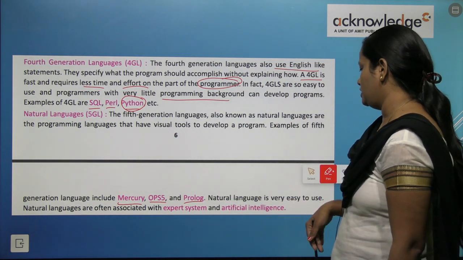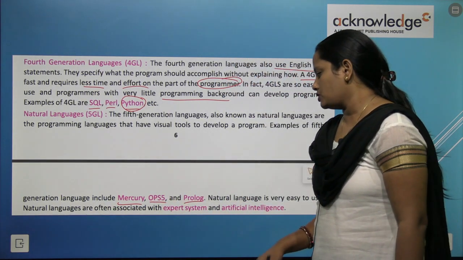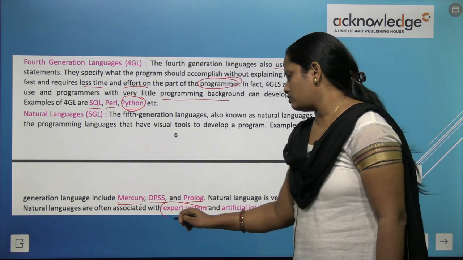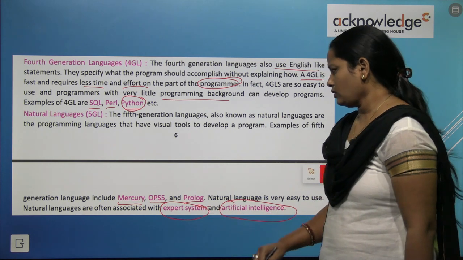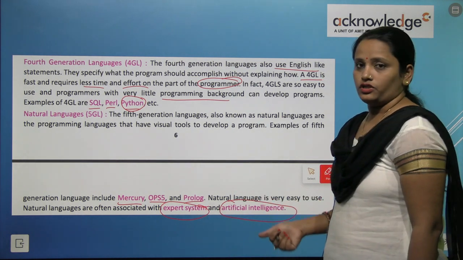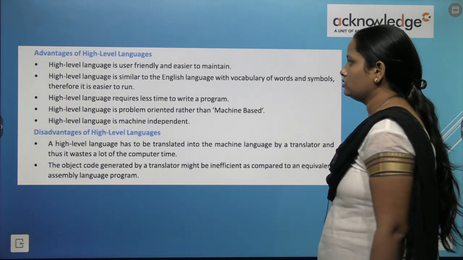Natural language is very easy to use. Natural languages are often associated with expert systems and artificial intelligence. So this fifth generation comprises expert systems and also artificial intelligence. So this was our fifth generation.